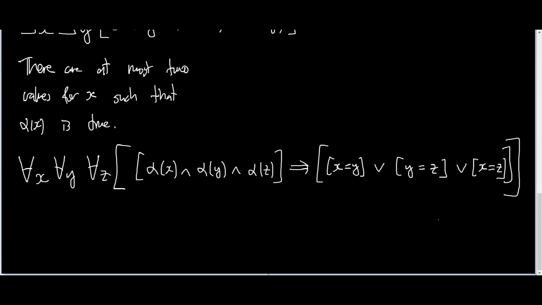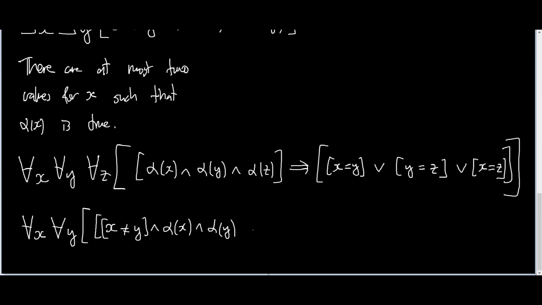There is also another way to do the same thing, to achieve the same goal. We first begin with two of them that we know definitely are different from each other. Right?